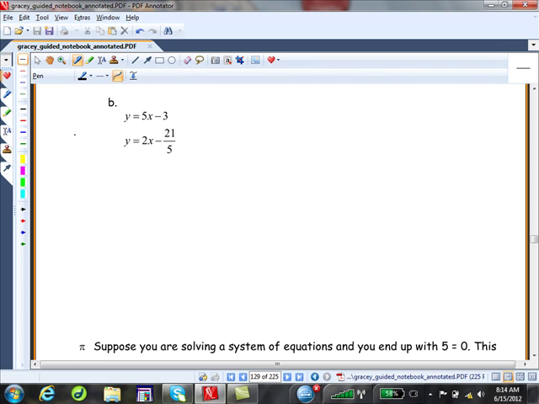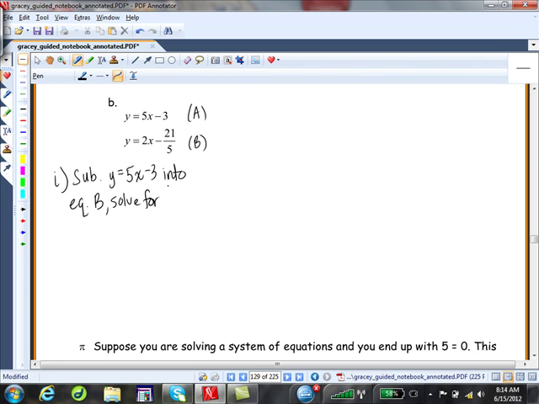So for the first step, since we already have something isolated, we're going to go directly to substitute y equals 5x minus 3, from equation A, into equation B, and this will enable us to solve for x.